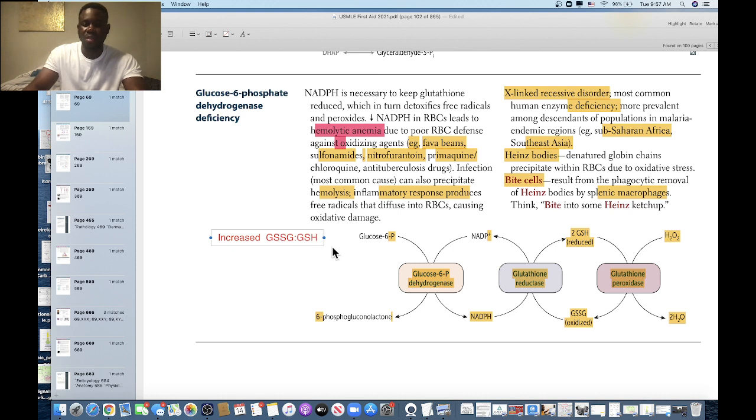Increased ratio equals more oxidative stress.